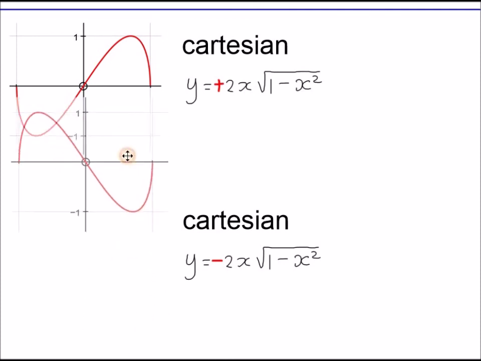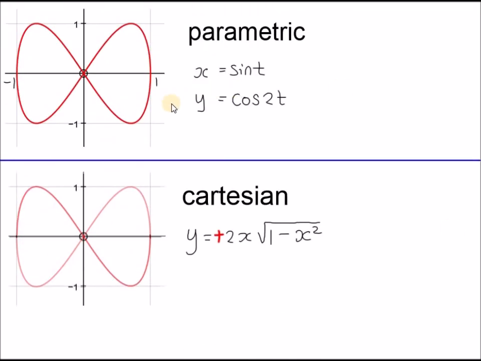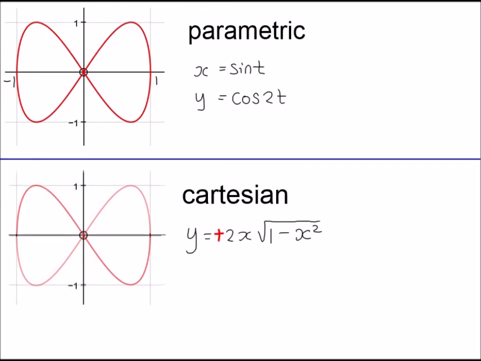I'm going to put them together like this, and you can see that both graphs combined give the original parametric graph. And you can also see the domain was between -1 and +1, so x is greater than or equal to -1, less than or equal to 1, and the range was greater than or equal to -1 but less than or equal to 1.